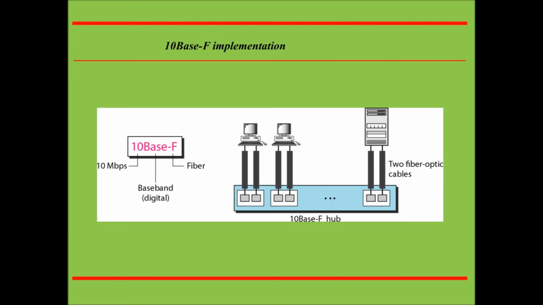So the 10 base F hub is a centralized device, and different devices are attached to this hub with the help of fiber optic cable. So the difference between these implementations is the cable. Previously we used coaxial cable or twisted pair cable, and over here we use fiber optic cable.